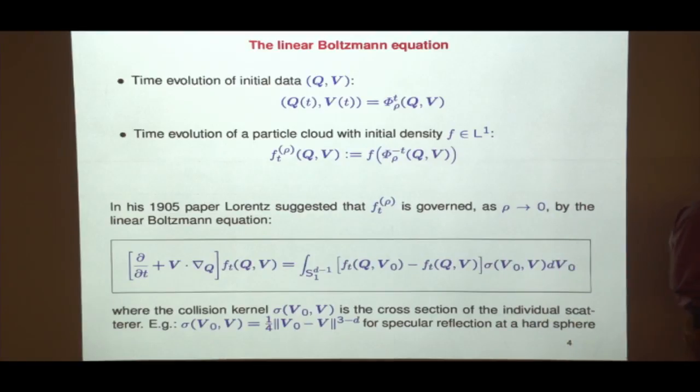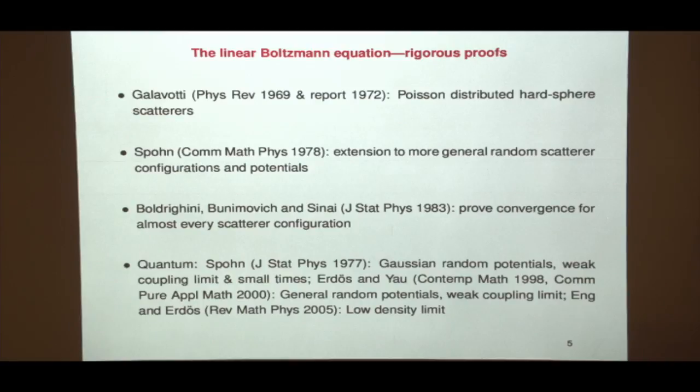The main hypothesis in deriving this equation is that consecutive scattering events are independent of each other. And this is why here you only see the differential cross-section of an individual scatterer appearing in this limiting equation. Now, it took around 60 or 70 years for this to be put on rigorous footing.